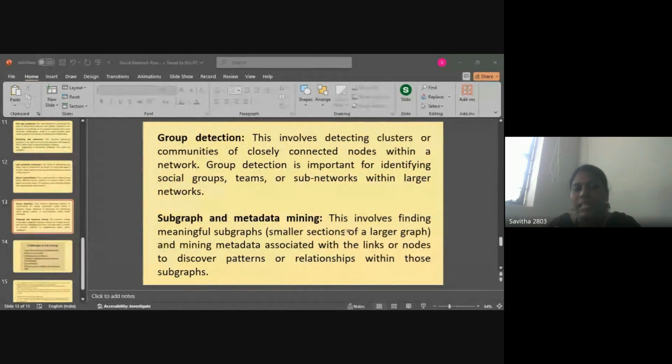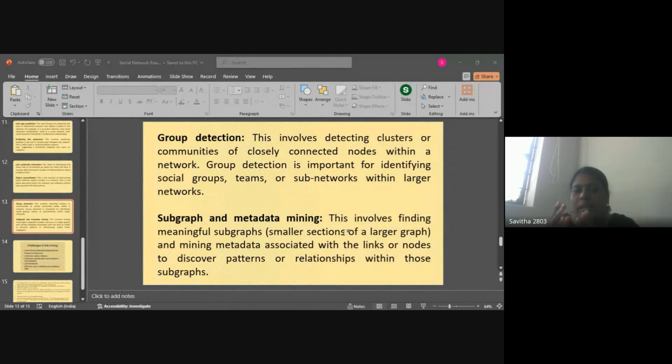After analyzing these subgraphs, we could identify which pattern and characteristics that person is following. So based on that data, we can analyze this particular data. That is called subgraph and metadata mining.